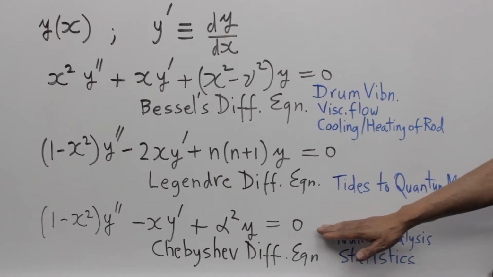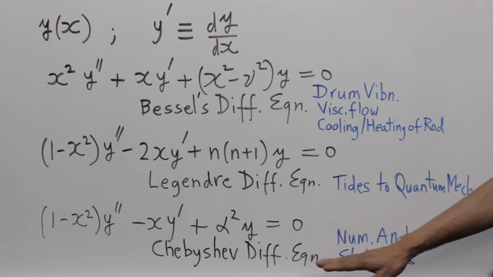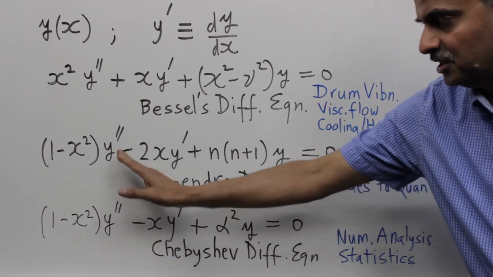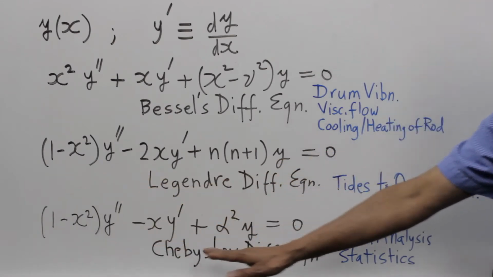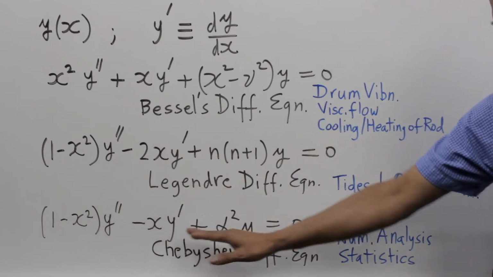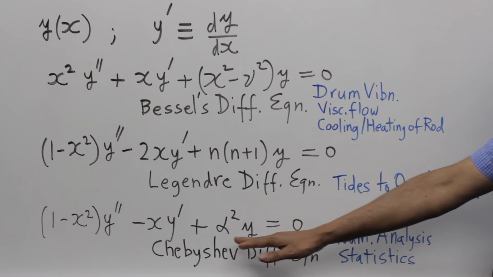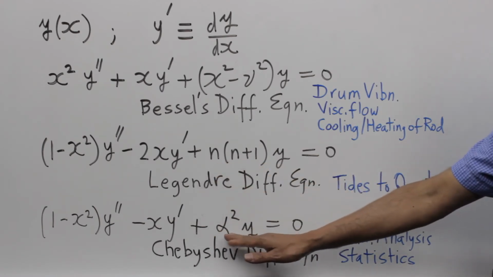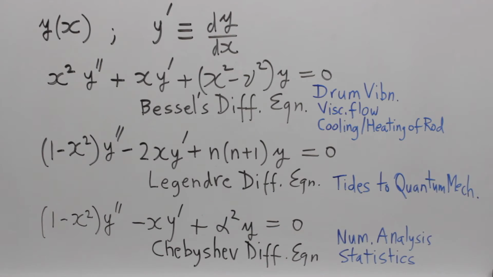Finally, let's consider this equation, which is called the Chebyshev differential equation. Note that the leading order coefficient here is the same. This is very similar, but this is now not n times n plus 1, but a positive number alpha squared.